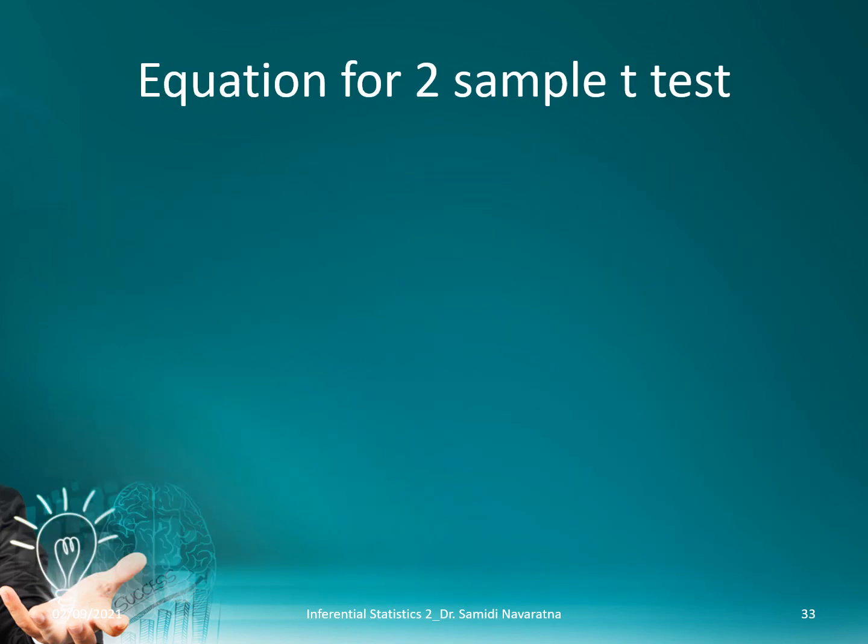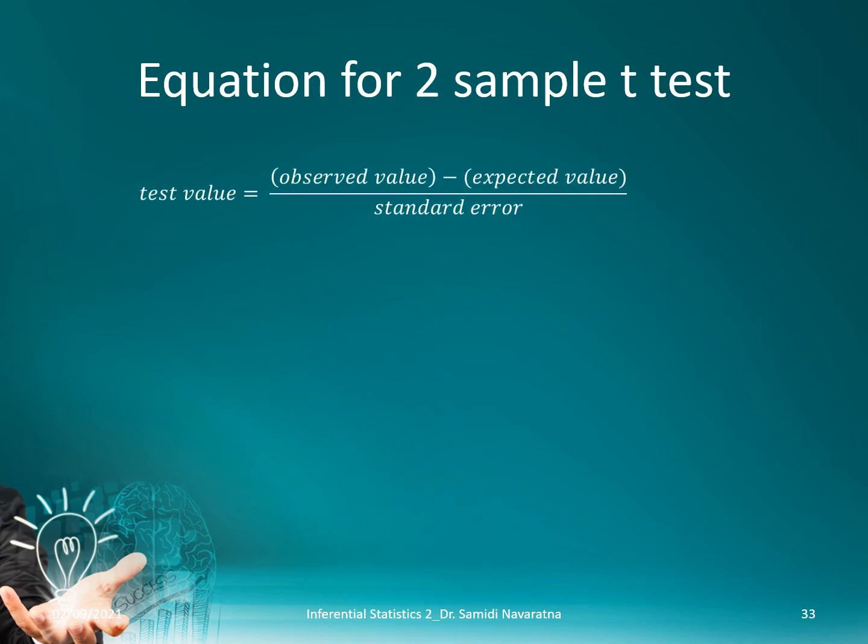The formula for independent two-sample t-test. Let's start with the common equation. Test value equals observed value minus expected value divided by the standard error. So next we calculate the pooled standard deviation. To arrive at this equation, you need to find the pooled standard deviation because there are two standard deviations.